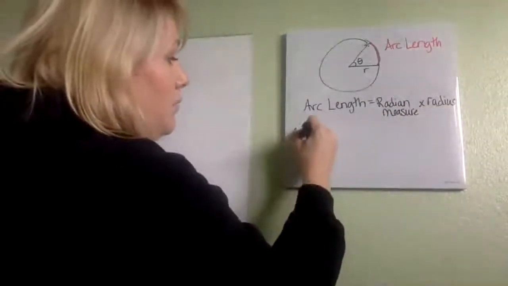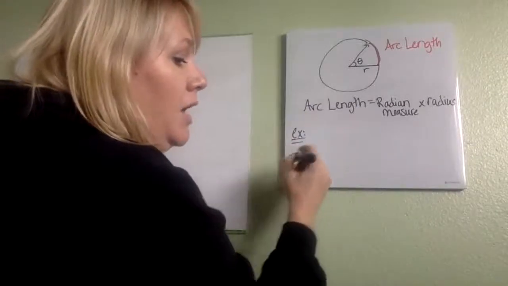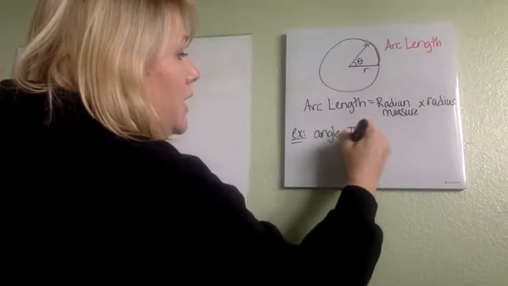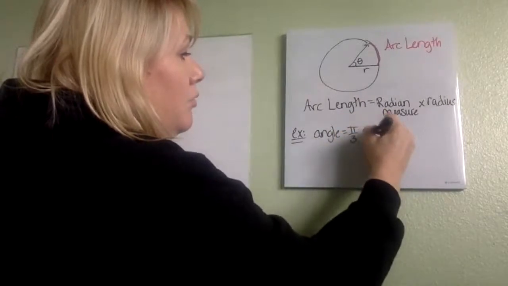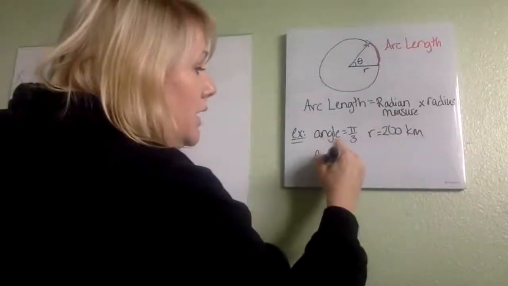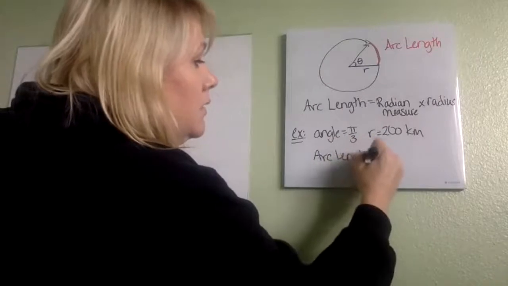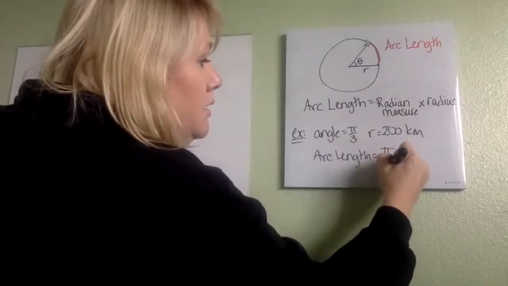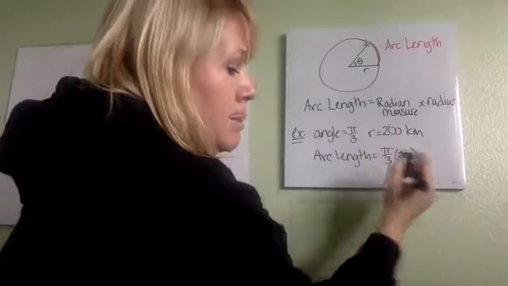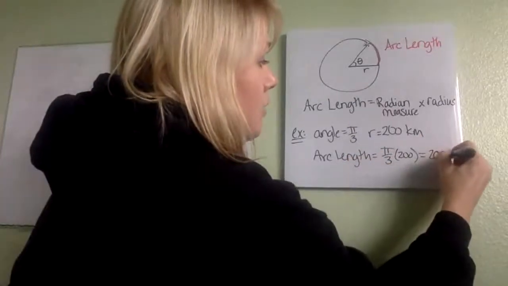So for example, if I have an angle of pi over 3 and a radius of 200 kilometers, I just need to multiply those two together. The arc length is pi over 3 times 200, or 209.4.